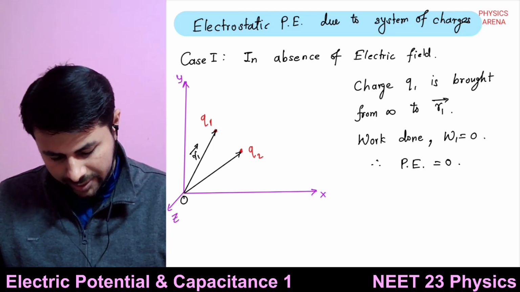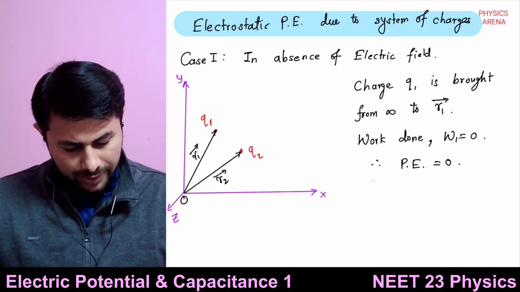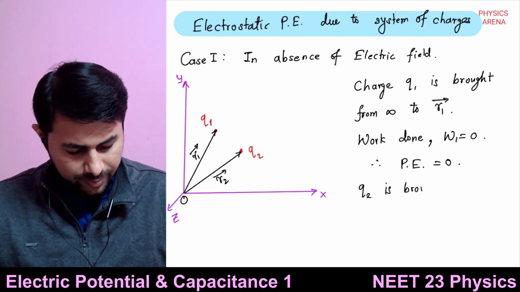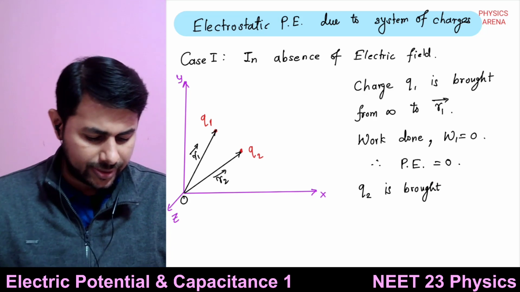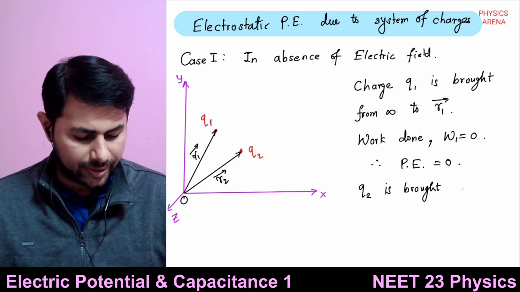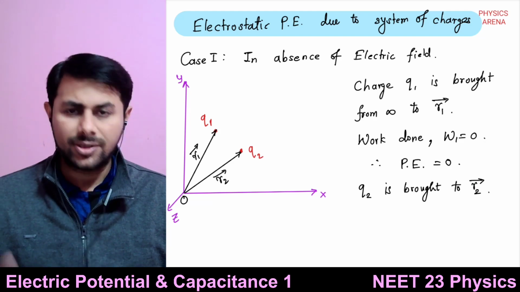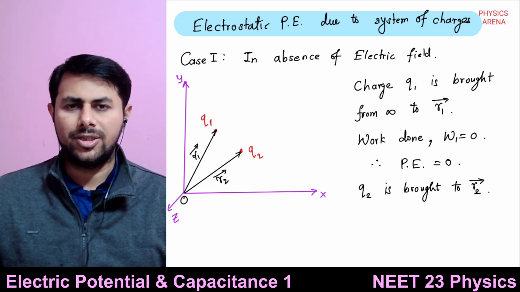This is R1 bar, this is R2 bar. Now Q2 is brought, let's assume, from infinity to position vector R2 bar. So how much would be the work done in this process?